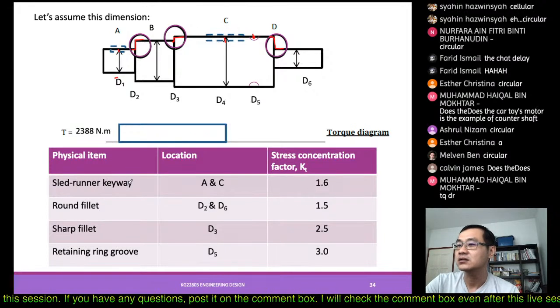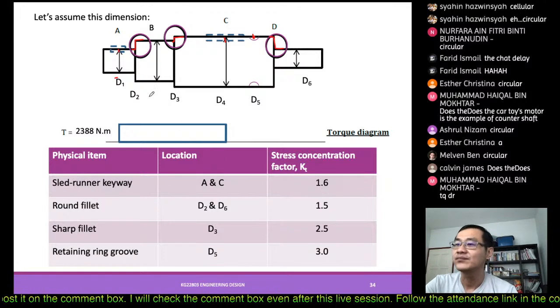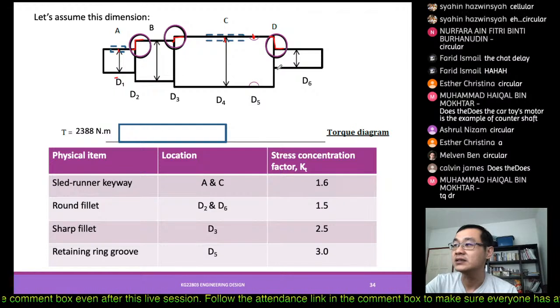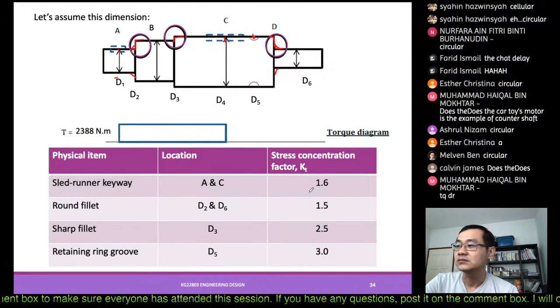At locations A and C, it is a key slot, a sled runner key slot, so we have a KT of 1.6. For D2 and D6, since we have a larger dimension, we would put a round fillet, which is 1.5.